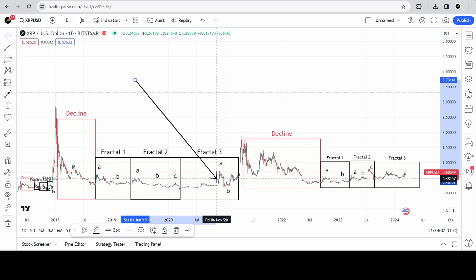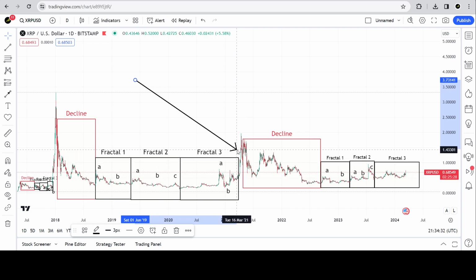Now, not all fractal 3s look like this. Most fractal 3s just work their way up to a peak in a unique fashion, and then they decline in a unique fashion, and then they recover in a unique fashion and do a correction right here, this smaller correction, all in a unique fashion before going into the bull run.